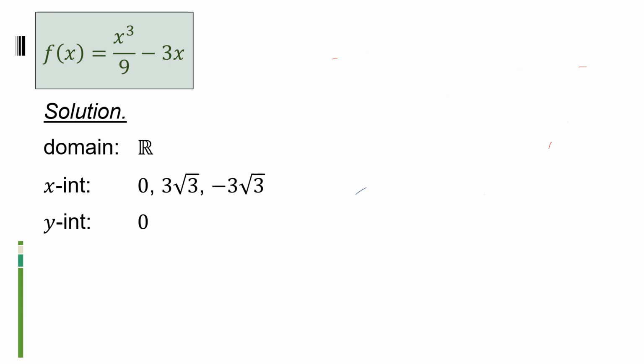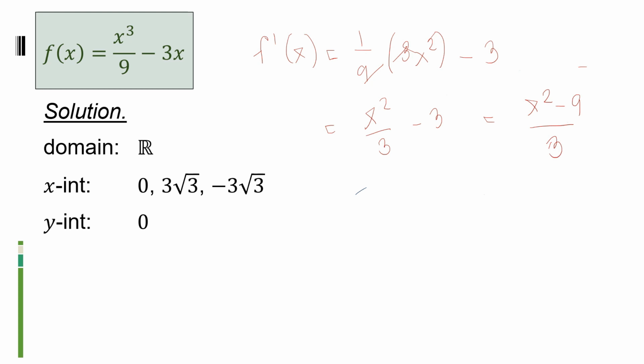So, our first derivative is f prime of x equals, so we have 1 over 9 times 3x squared, power rule lang yan, minus 3. So, that is now x squared over 3 minus 3, or that is x squared minus 9 over 3.